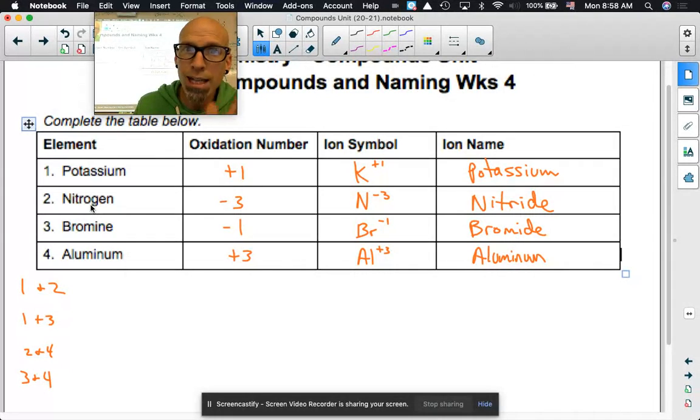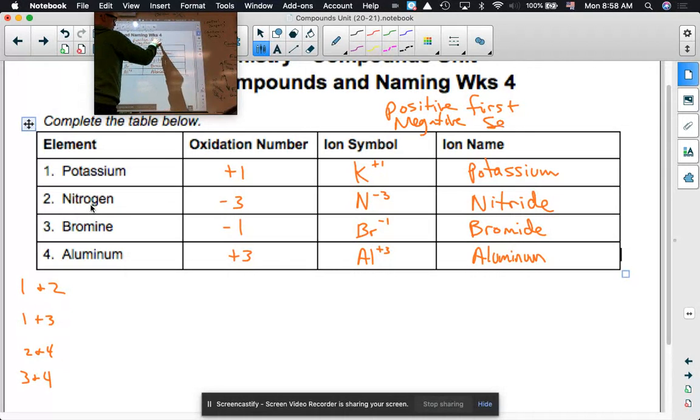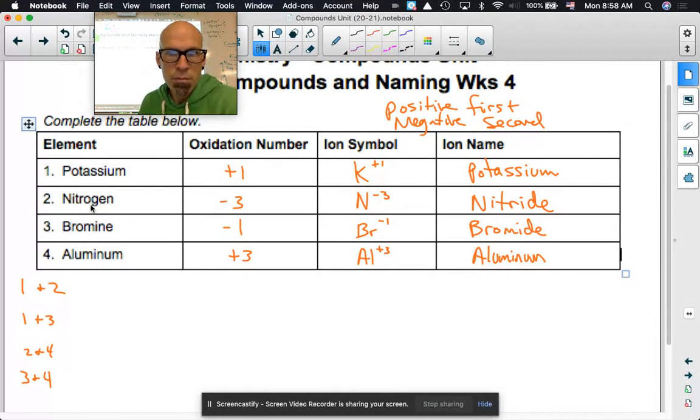Now, I told you in class, but I don't know if you remember. How are you supposed to know which one goes first? Positive, always first. All right, it's always positive first, negative second. And that's both in formula and name.